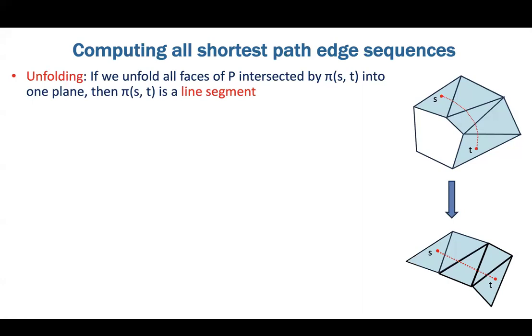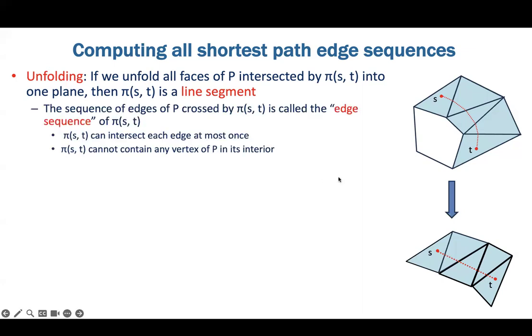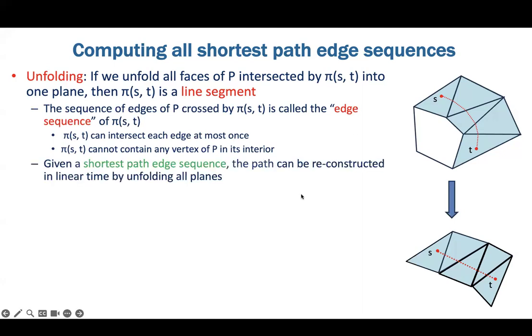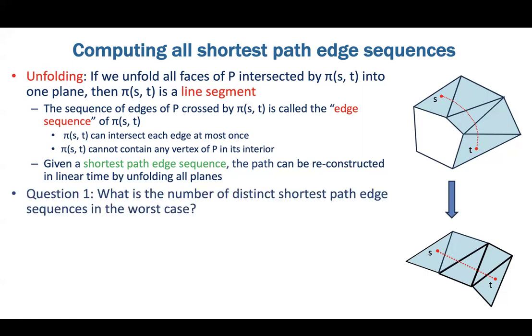In the plane, the shortest path between 2 points is a line segment. We also know a shortest path cannot intersect each edge more than once, and the path cannot contain any vertex in its interior. Given a shortest path edge sequence, the path can be reconstructed in linear time by unfolding and following the line segments. So here are two questions.